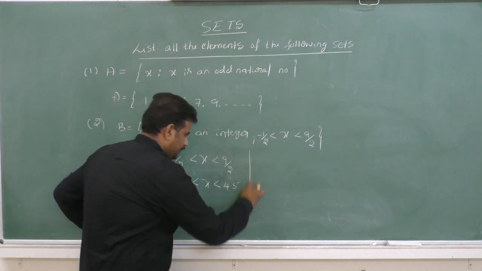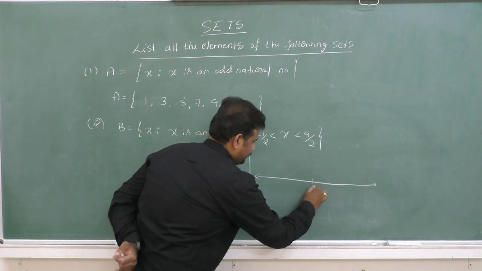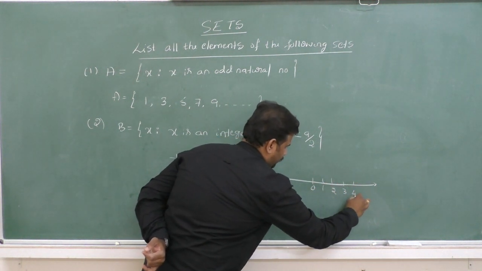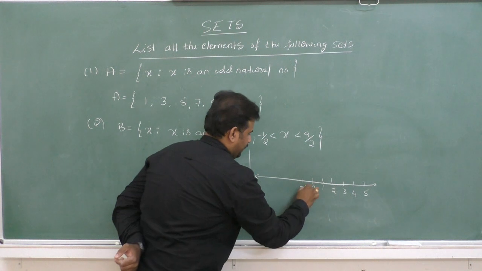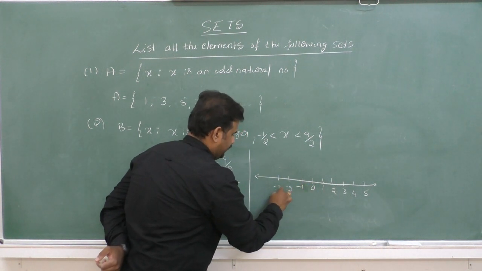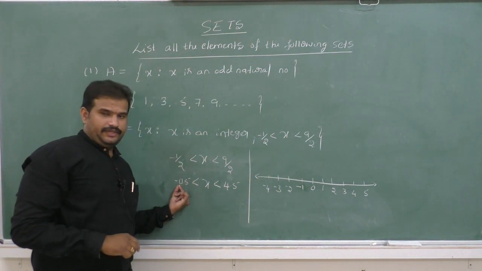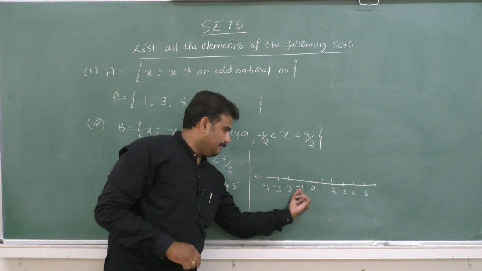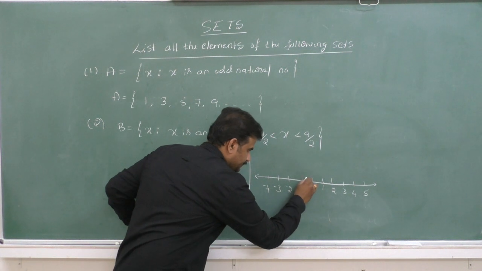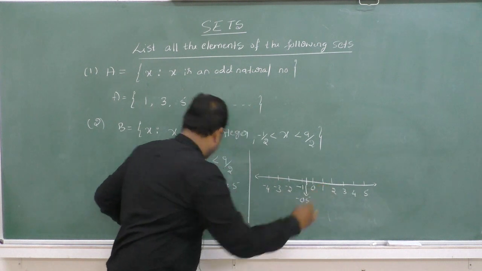So, let us just observe the number line. This is the number line. There is 0, 1, 2, 3, 4, 5. Here minus 1, minus 2, minus 3, minus 4, it goes on. Minus 0.5 is a number between minus 1 and 0. This is your minus 0.5.